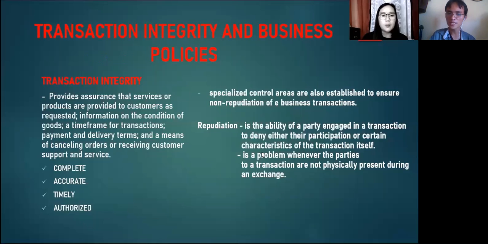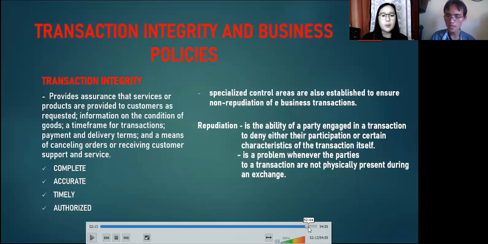If it is just online, it becomes a matter of trust and confidence between the parties. That is why it is an issue. Anyway, let's proceed to the next part.